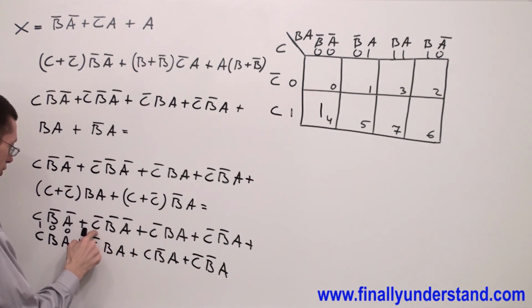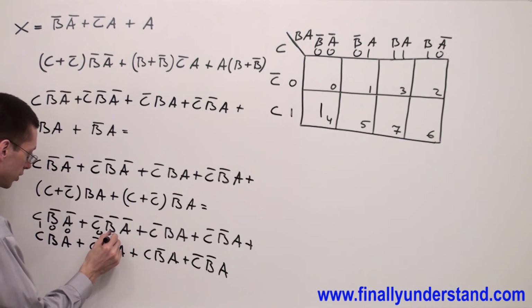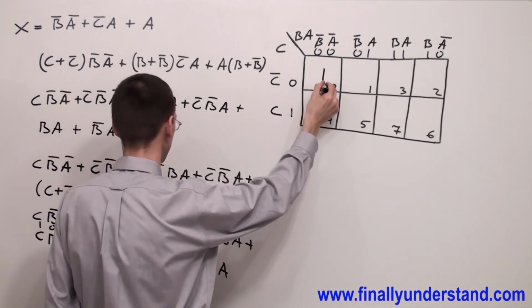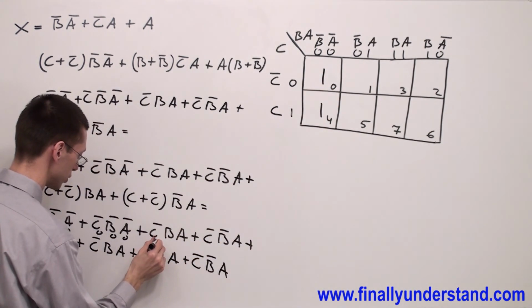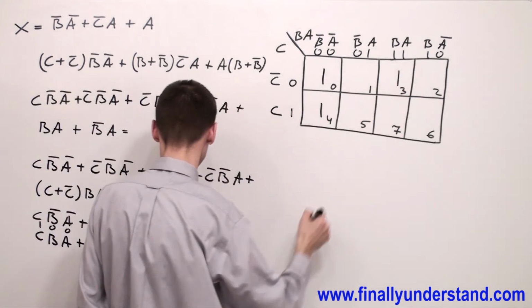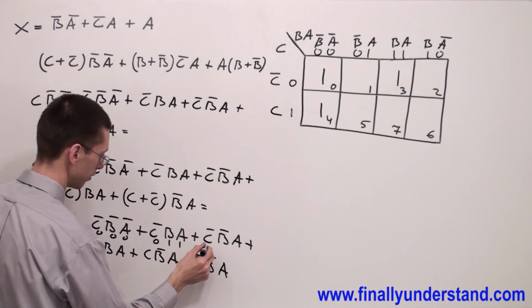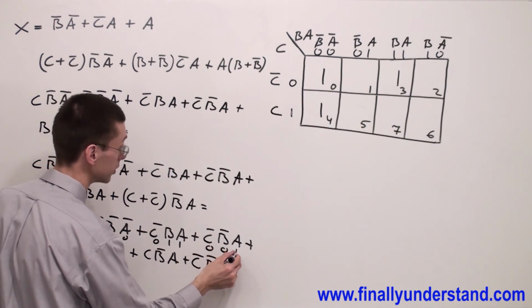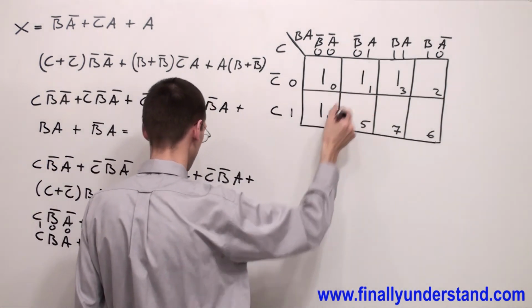I have 0 0 0, this is binary 0, mark 0. I have 0 1 1, this is binary 3, mark 3. We have 0 0 1, this is binary 1, marked 1.